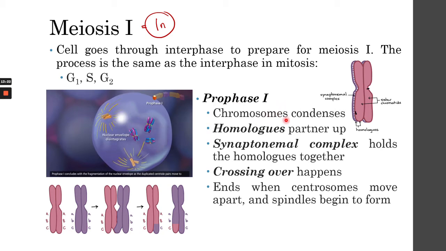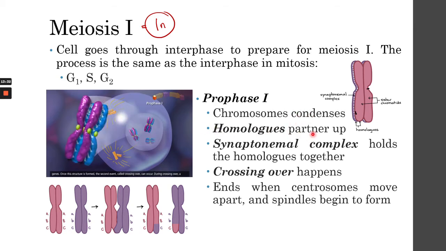The DNA condenses after it is replicated in S phase during interphase. And not only does it condense, the homologs start to pair up. So the homolog from the mother and the homolog from the father start to pair up, and they are connected together by what we call the synaptonemal complex.